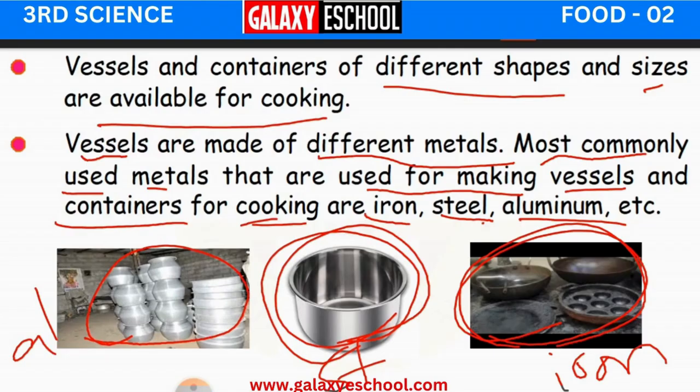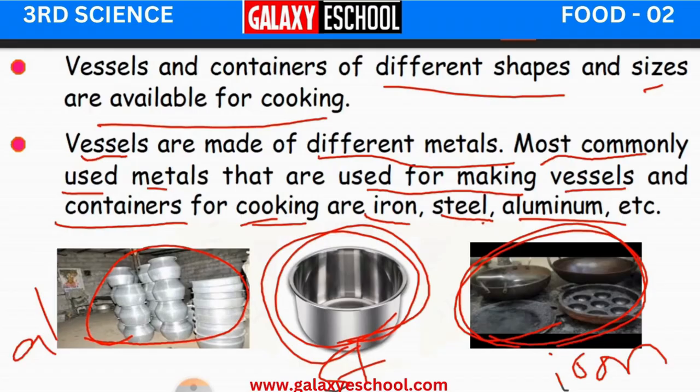We also use some other metals like copper. Copper containers, copper bottles where we store our water, as it is good for health to drink from a copper container. These days we prefer to drink water from a copper bottle.